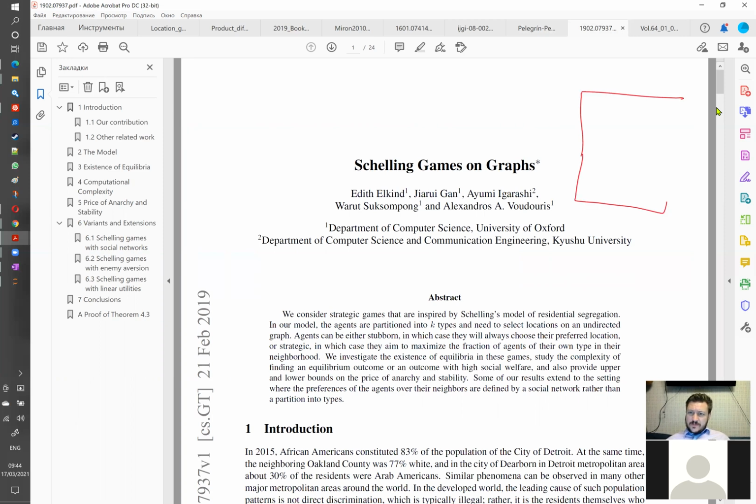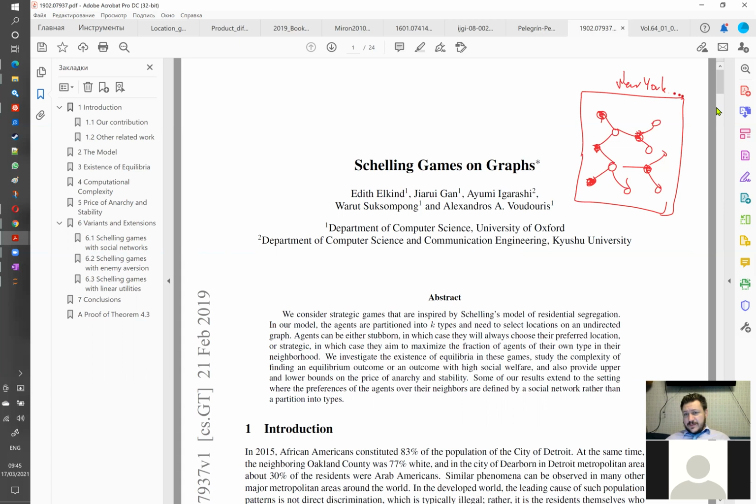The idea was that it's connected to logistics. If we have a graph, or we have a map, and some nodes are black, others red, white, and we consider it like clusters of citizens of a city, like New York or any other city, it was a problem about rich and poor, black and white division.